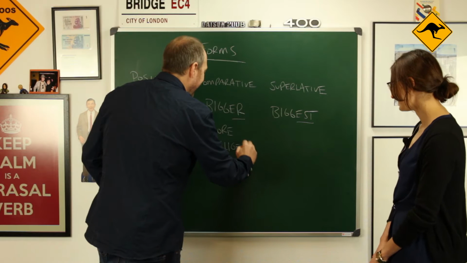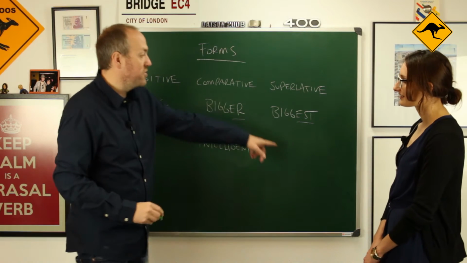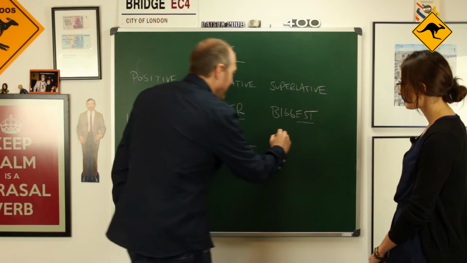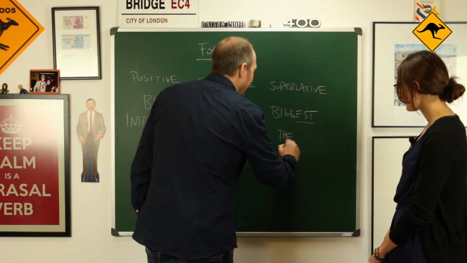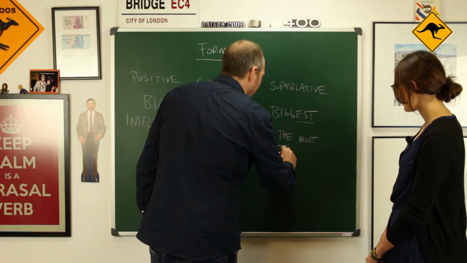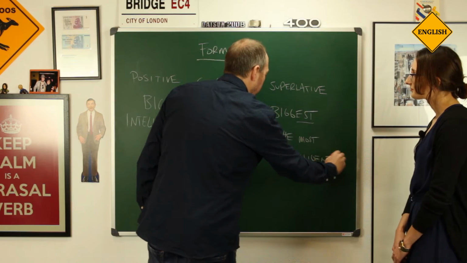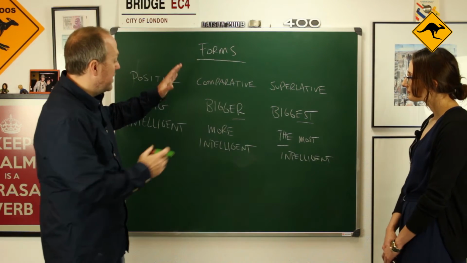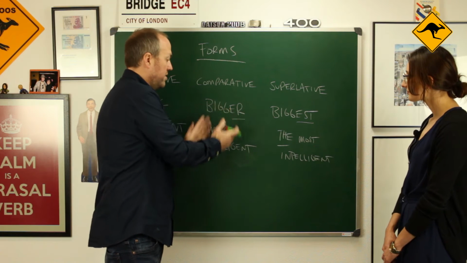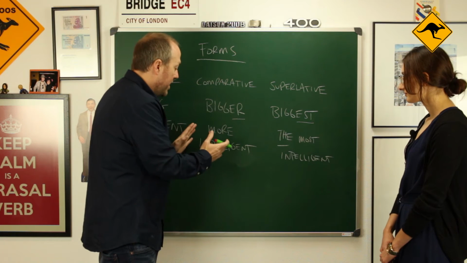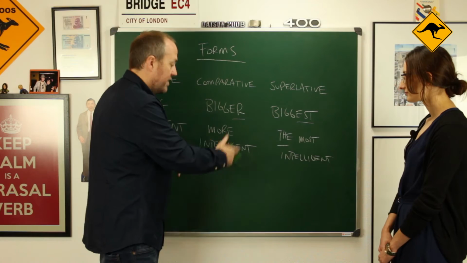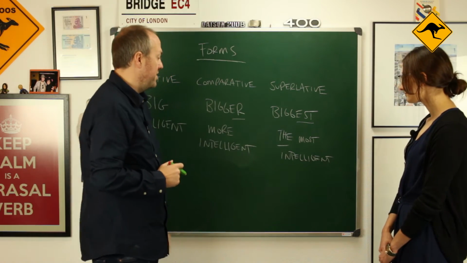Perfect. And for the superlative? The most intelligent. Very good. Perfect. Okay, so we can see if it's less than three syllables, normally it's like this. And if it's more than three syllables, it's like this. And the same with the superlative.